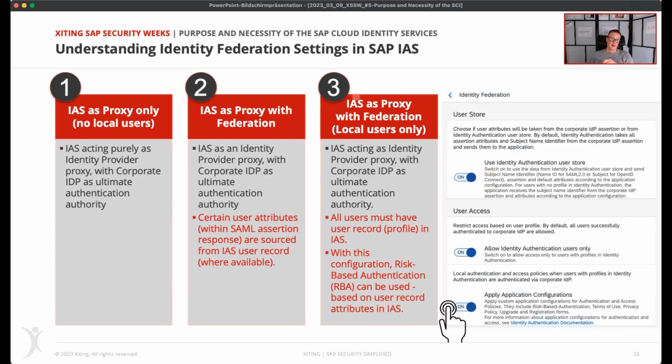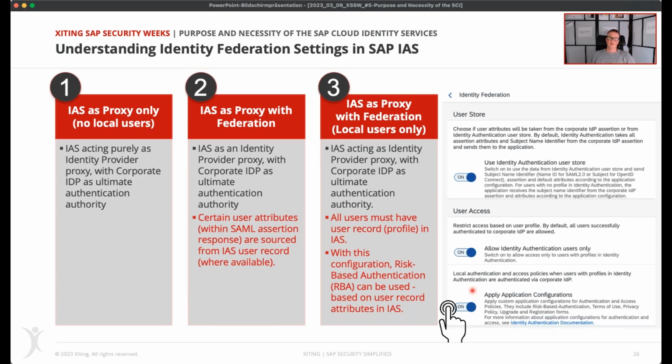And finally, IAS as a proxy with federation. That means you can allow identity federation or identity authentication users only and apply configurations. That means that all users must have user profiles in the IAS, and only with this option enabled can you, in addition to the authentication you may do on the corporate side, enforce risk-based authentication.